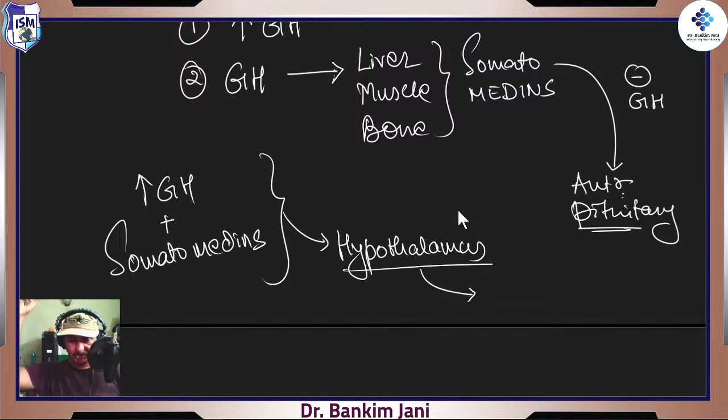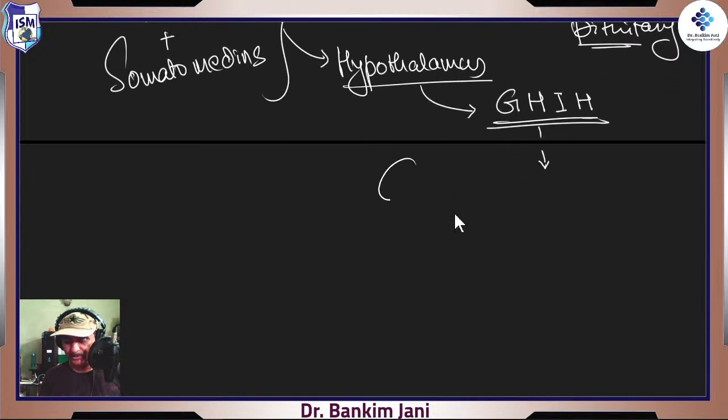So they go to the hypothalamus and say you release something. He'll say, okay, you have got growth hormone releasing hormone, but you have one more, growth hormone inhibitory hormone. For the first time, this gentleman has entered into our discussion. This is growth hormone inhibitory hormone.